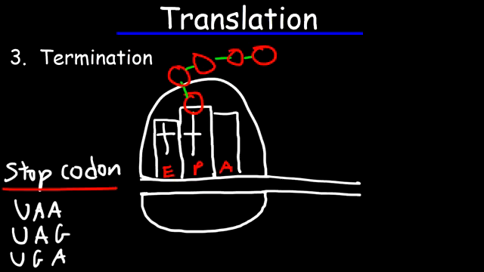Now, these stop codons, also known as nonsense codons, don't code for any specific tRNA molecule. Instead, when these are read at the A site, they cause a release factor to enter the A site, which causes the small and the large ribosomal subunits to basically disassemble.